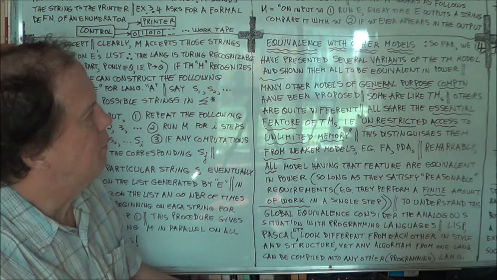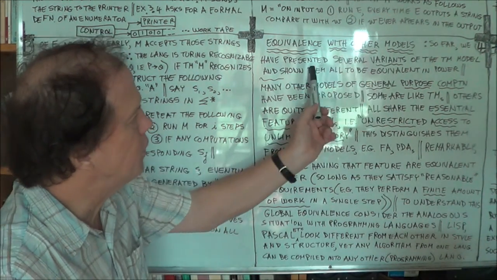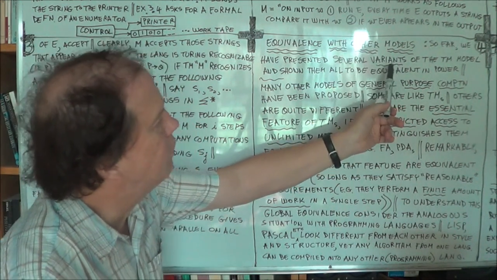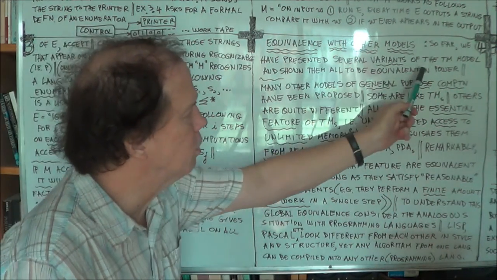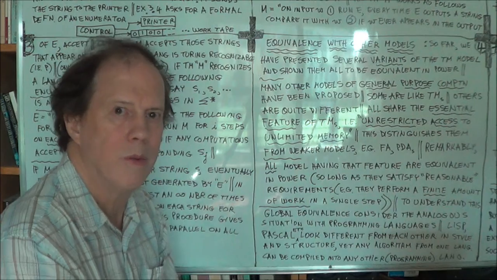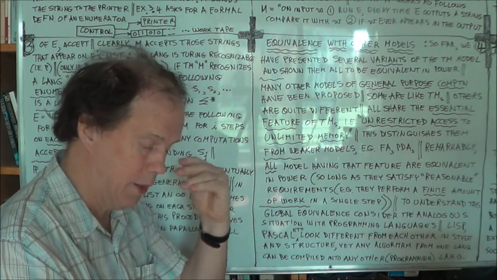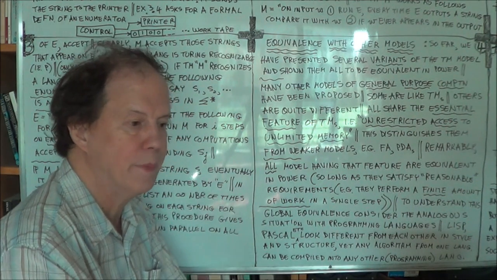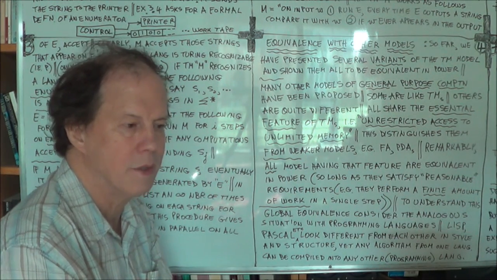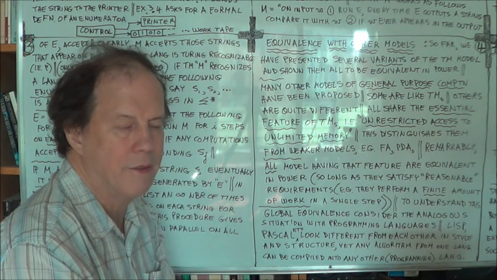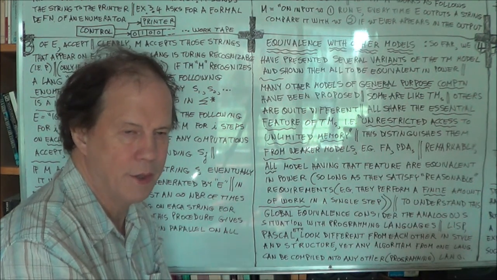And so we've given several variants, variations of the Turing machine model, and we've shown them all to be equivalent in power. Equivalent means, well, they do the same job. If one machine, one variant recognizes a certain language, well, the other variant will also, and vice versa.